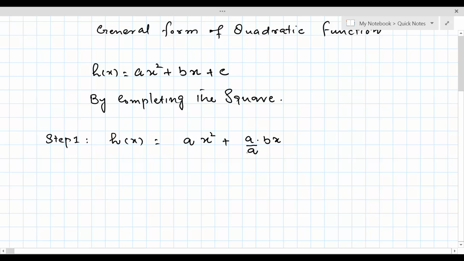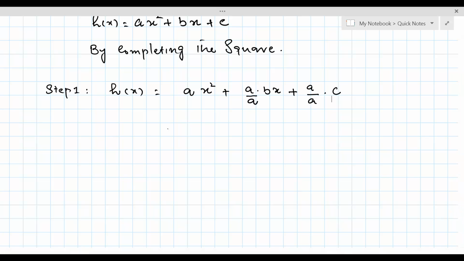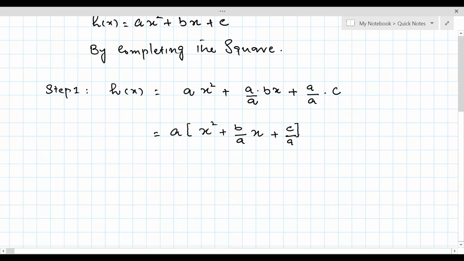If we multiply and divide, it doesn't make any difference in the equation. Same thing with the third term, which is c. We divide and we multiply a as well. And now we can take a common. If we take a common, now what we are left with is x square plus b over a x plus c over a, because a has been common throughout all three terms.